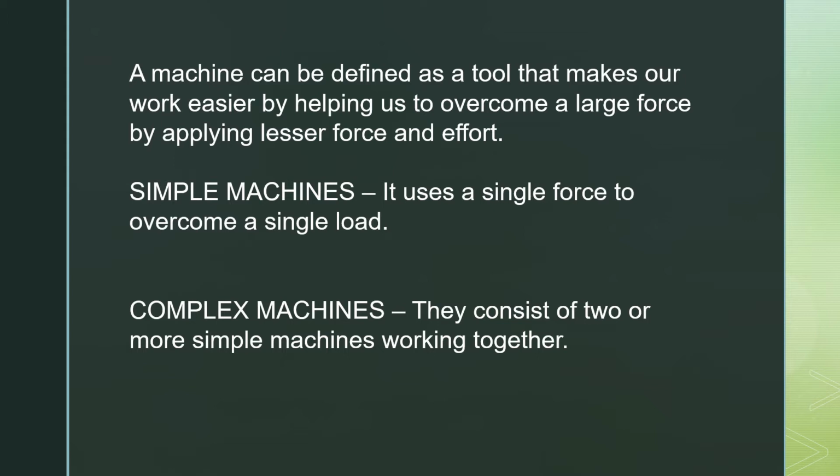Machines are of two types: simple machines and complex machines. Simple machines use a single force to overcome a single load, and complex machines consist of two or more simple machines working together.